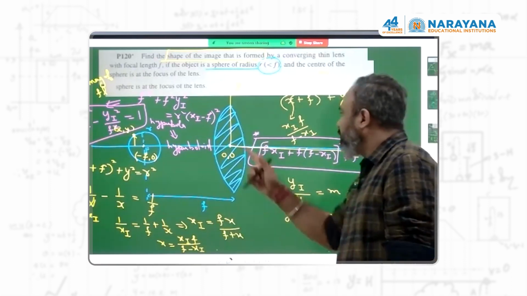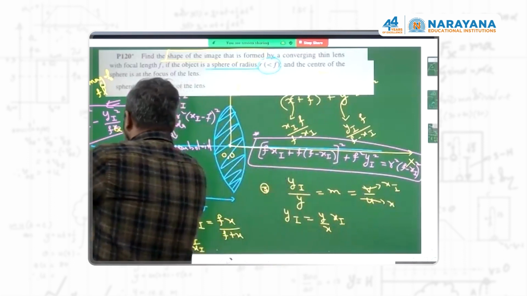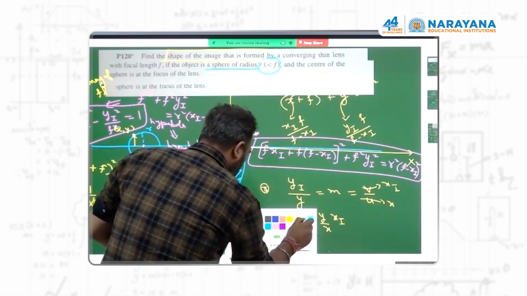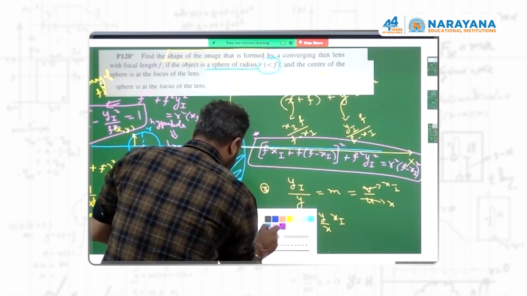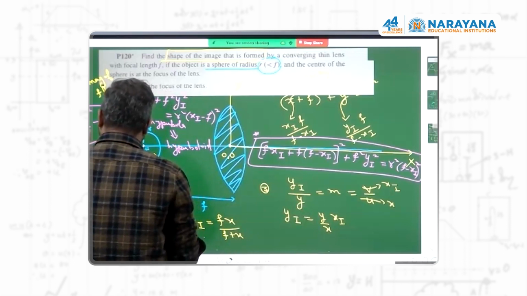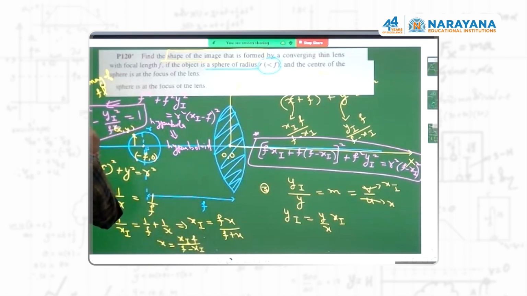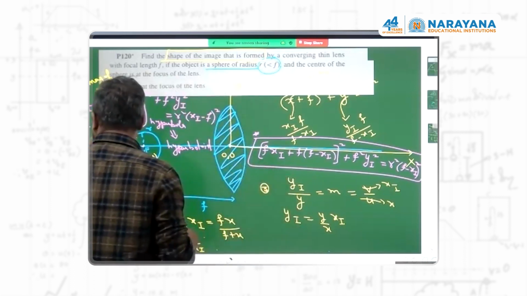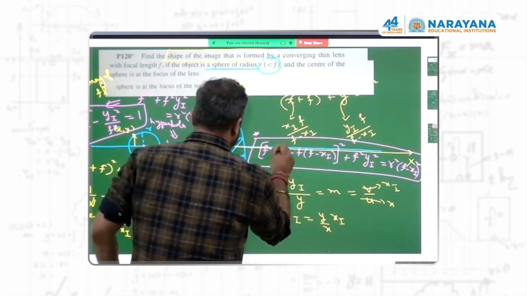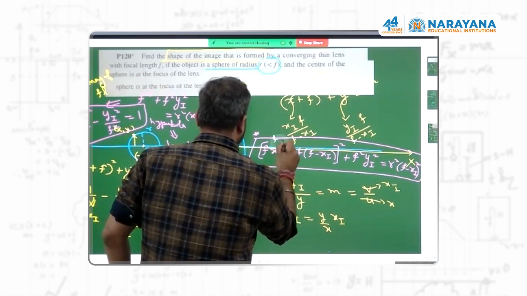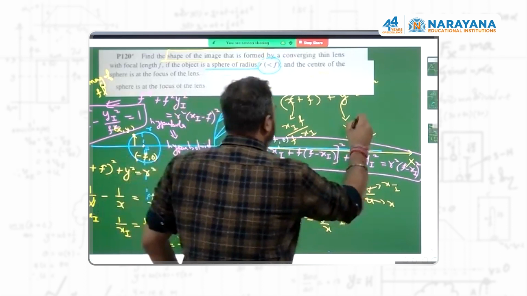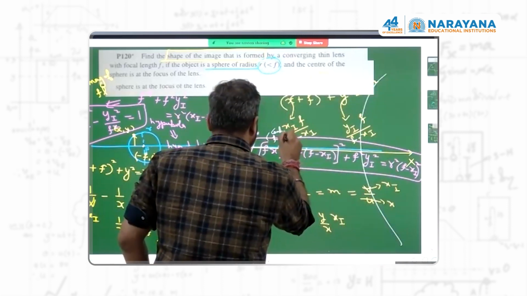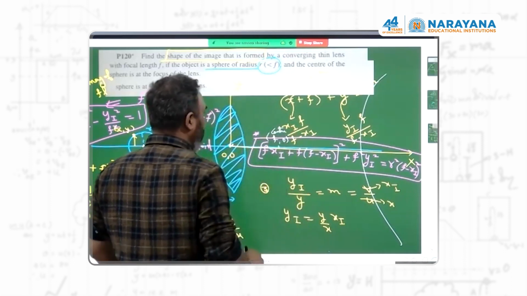And how to depict this? All of you understand that the hyperbola will be, I'm just drawing that now. All the parameters are known. The center of that hyperbola that I know is f comma 0. So the center of hyperbola, that point here, will be f comma 0. The optical center was 0, 0.